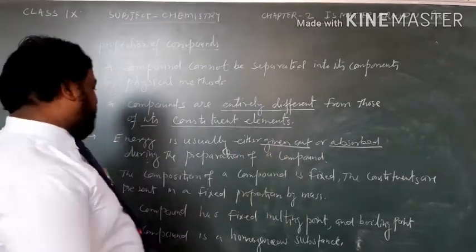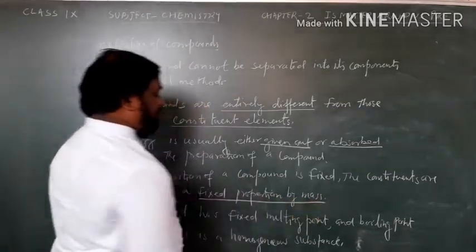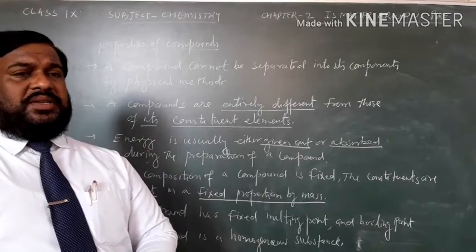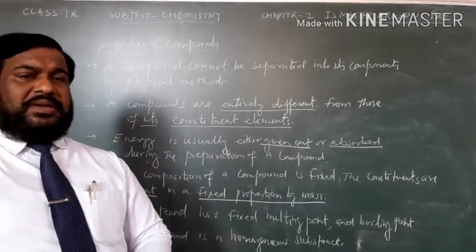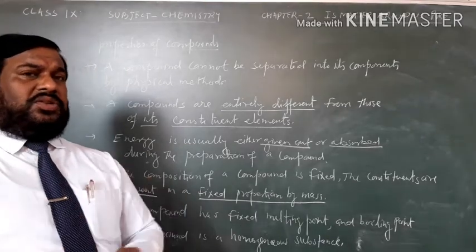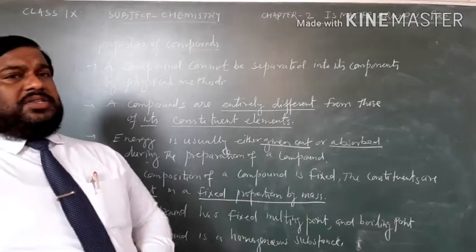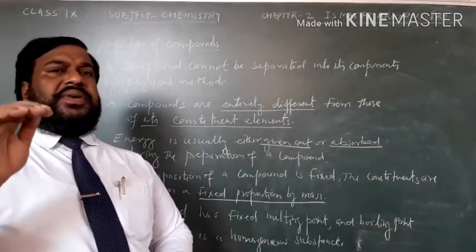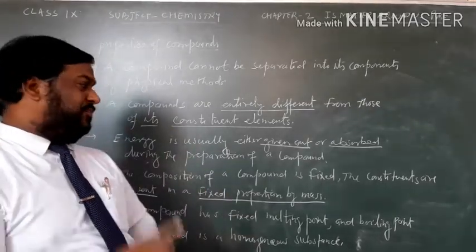Next, the composition of a compound is fixed. The constituents are present in a fixed proportion by mass, by ratio. Next, a compound has a fixed melting point and fixed boiling point, means they cannot be altered.